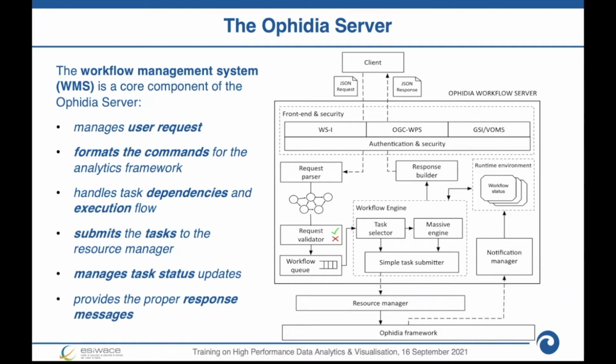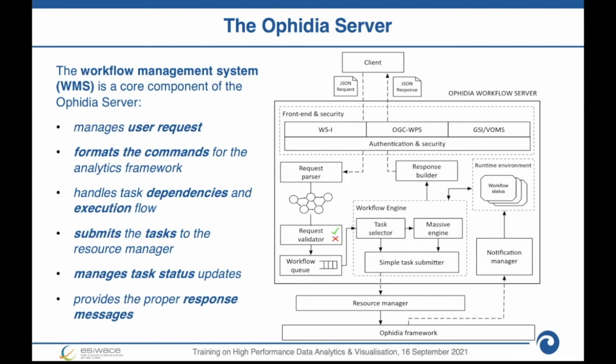And of course, if there are tasks which are independent, the workflow management system is also able to schedule them concurrently so they can be run in parallel. The system also takes care of monitoring the job execution and keeping their status updated in the system catalog. So once the workflow is completed, it communicates the results of the execution to the client side.